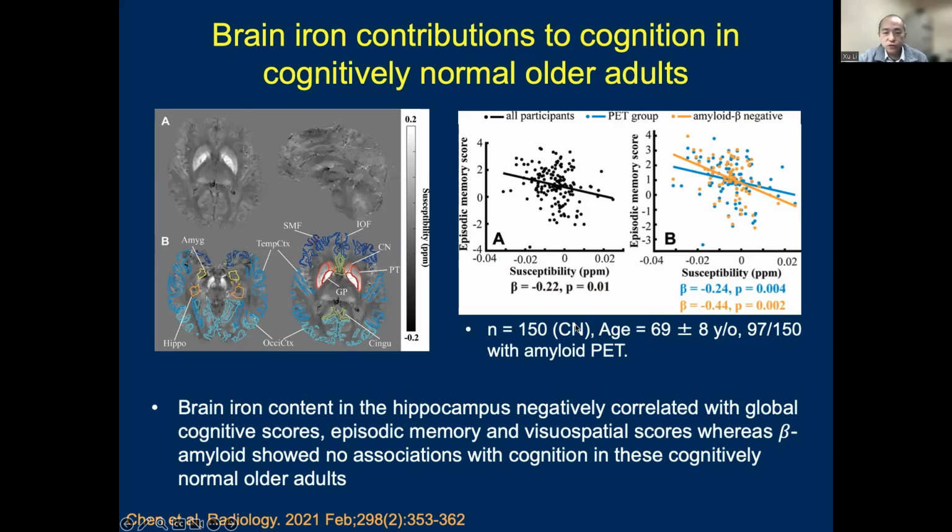This association is even stronger in the A-beta negative group, which seems to suggest that tissue iron may contribute to the cognitive decline independent of beta amyloid at this early stage. The interaction between iron and beta amyloid may happen at a later age.